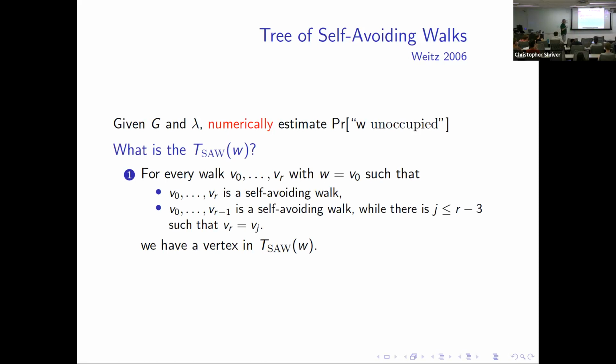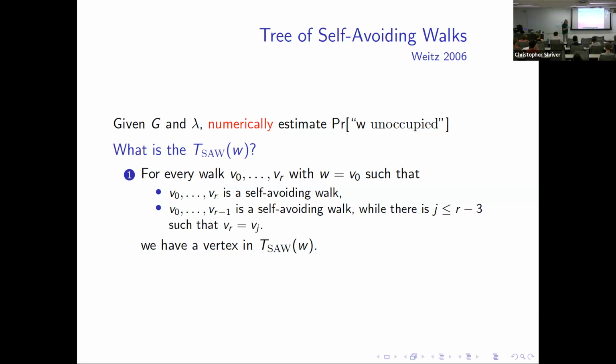And these walks can be either self-avoiding, meaning V0 up to Vr, no vertex repeats itself. It is a sequence of adjacent vertices, no vertex repeats. Or we can have V0 up to Vr minus 1 being a self-avoiding walk, and Vr being some vertex we have already seen here, right?